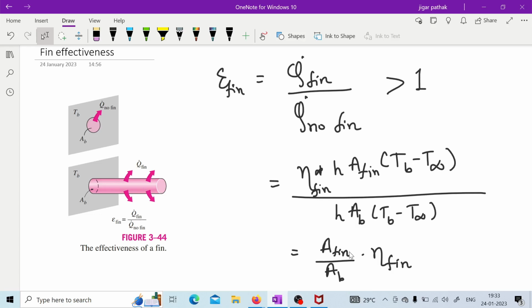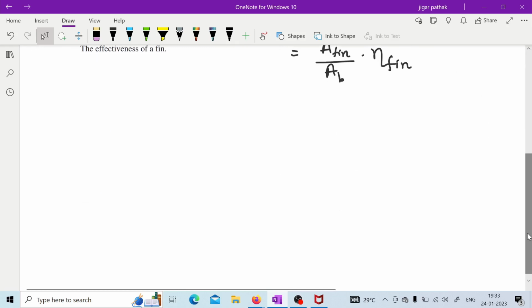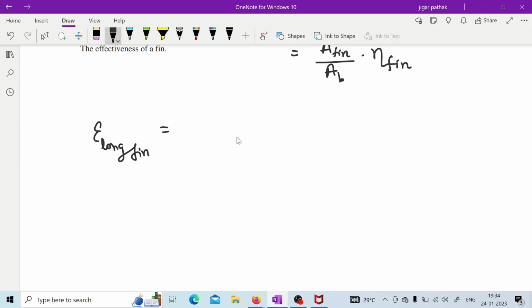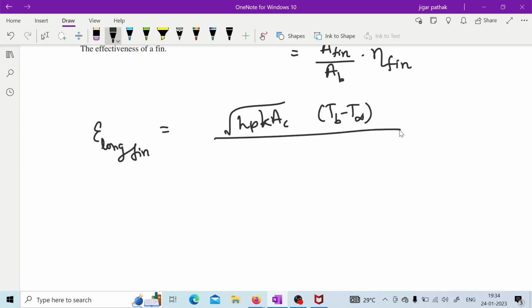Here also you can write for the different cases. Let us write for the long fin or infinitely long fin how effectiveness will be calculated. So for a long fin you can write the square root of hPkA, and here you will have hA, and as we know, the base area is almost equal to the cross-section area of the fin.